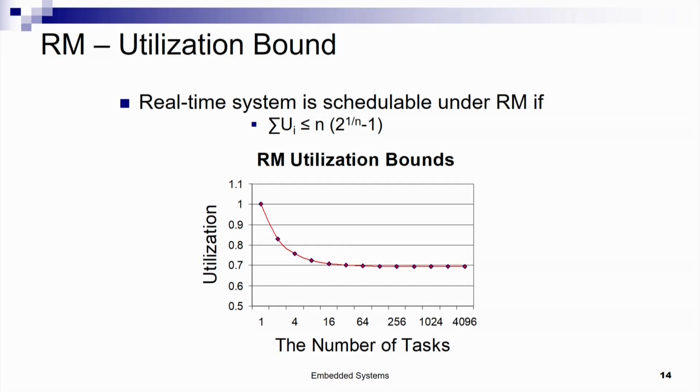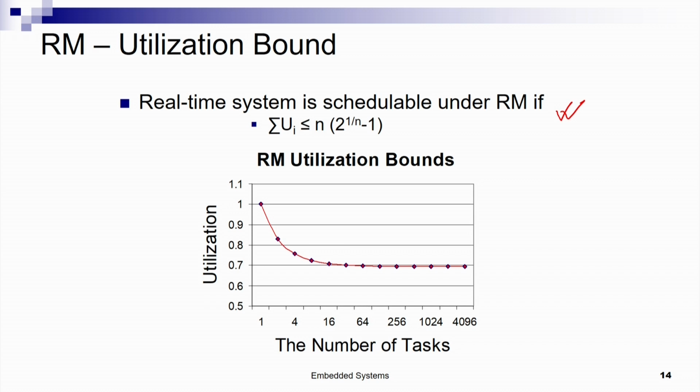So, we see that this happens in the worst case. This is a sufficient bound, not a necessary condition for RM to schedule, meaning that there could be task sets whose utilization is greater than 0.78 for 3 tasks, but they are still schedulable. However, if it is less than 0.78, it will always be schedulable.